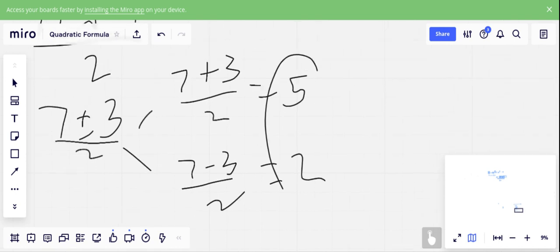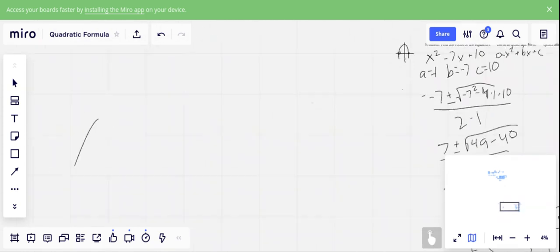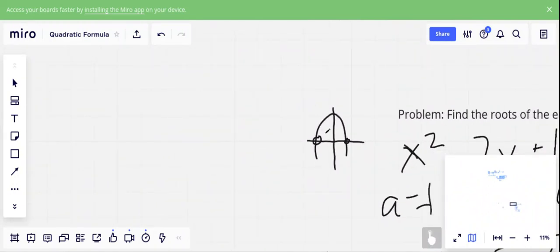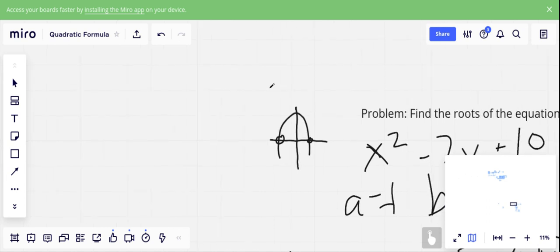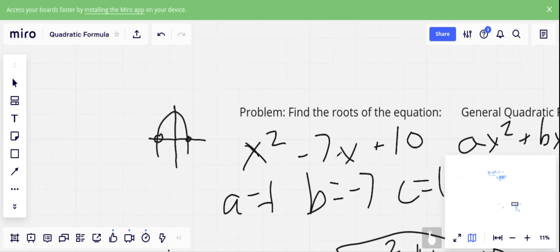So what do these points represent? They represent, in the parabola, the x-coordinates where it intersects the x-axis. Obviously, this isn't the parabola modeled by x squared minus 7x plus 10.